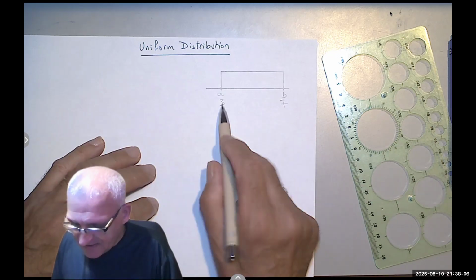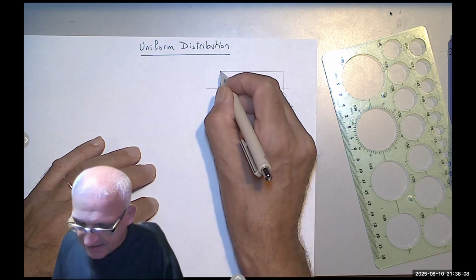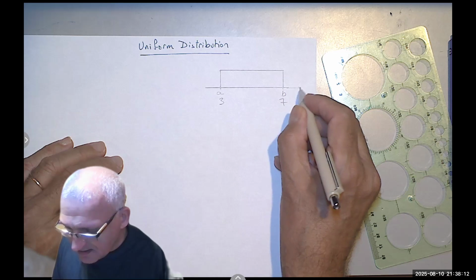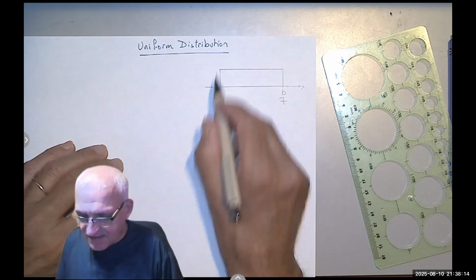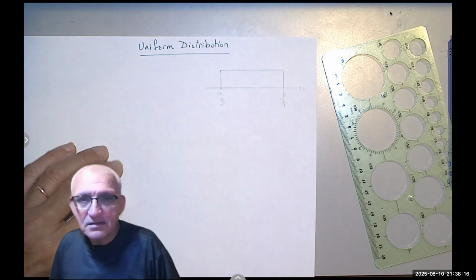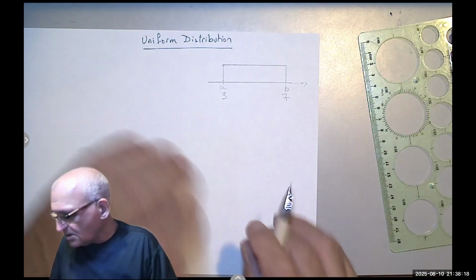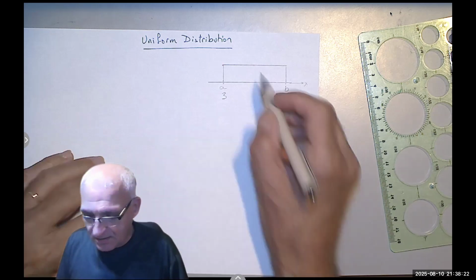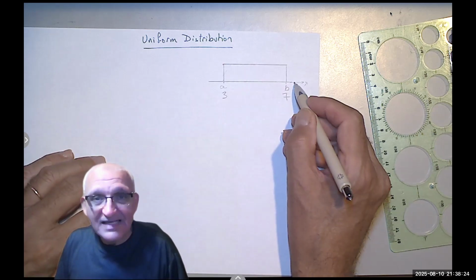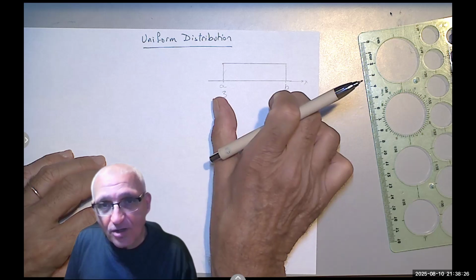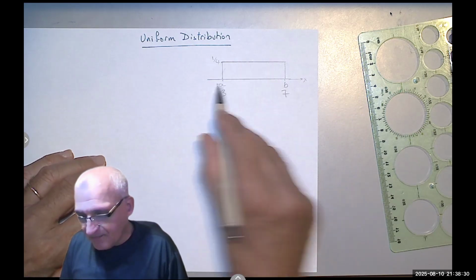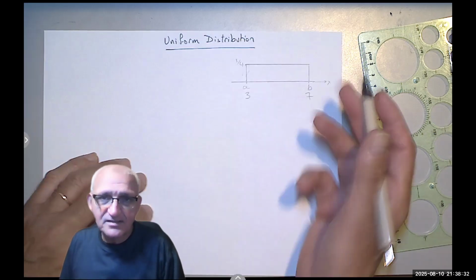Who can tell me, if this is 3 and that's 7, what's this height of the PDF? This is x, and that's the PDF. What is this height? No, it's not 1. Some said 1. The total area is 1. That's a rectangle. If the base is 4, then the height should be 1 over 4. So when I multiply 4 by 1 over 4, I get 1.